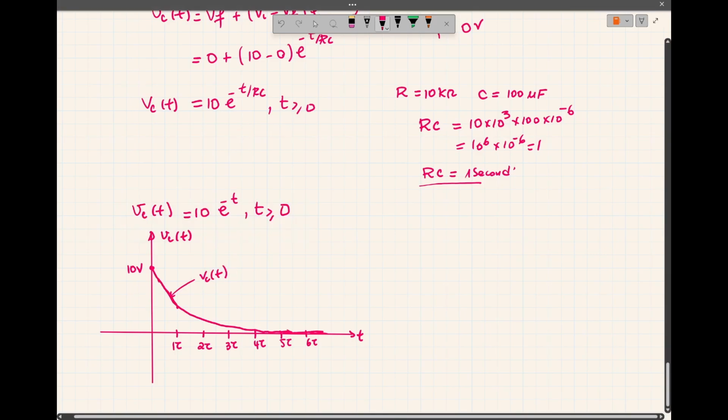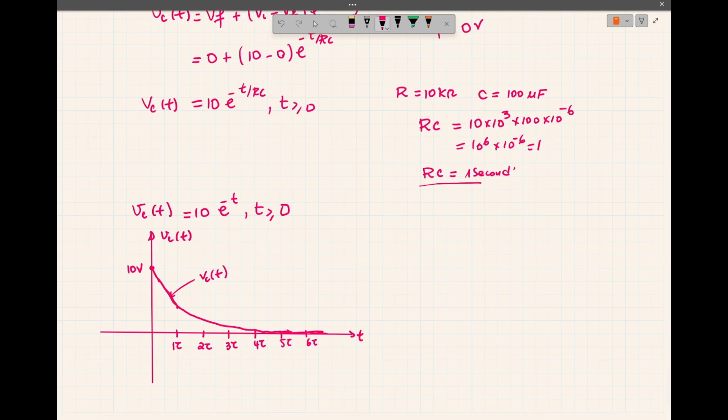But when we have other resistances in the network, we're going to have to simplify the network down to a series network to be able to find the total resistance seen by the capacitor, and in that way we will be able to calculate the time constant. Thank you for watching.